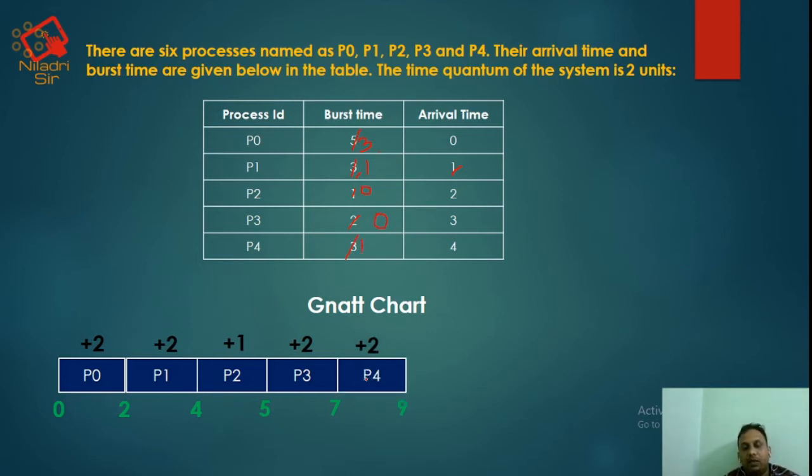So P4 will execute. After that P0 will again execute for 2 microseconds, and this will be 1. After that P1 will execute for 1 microsecond.